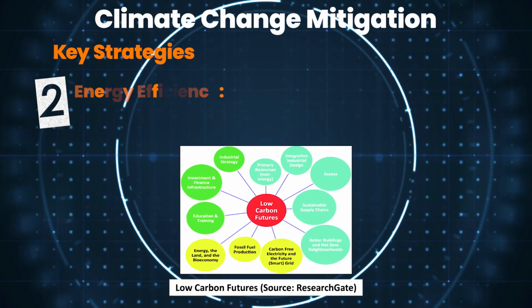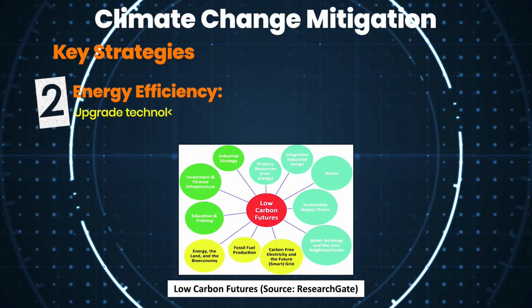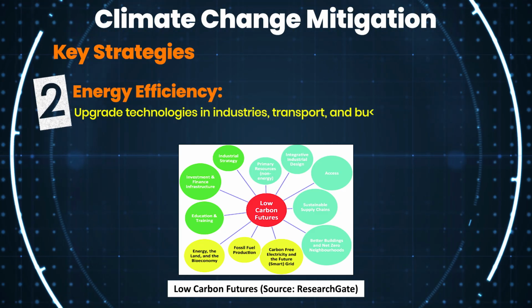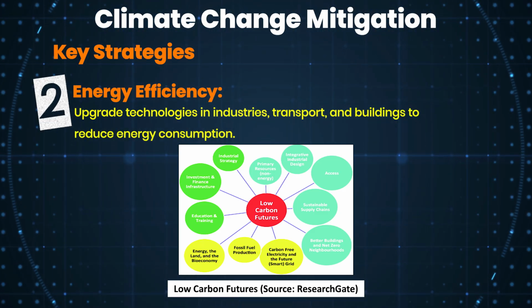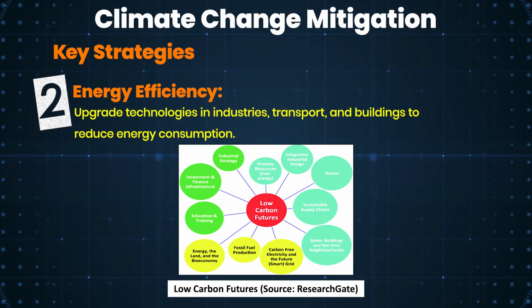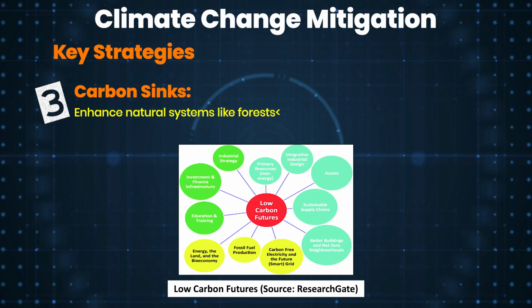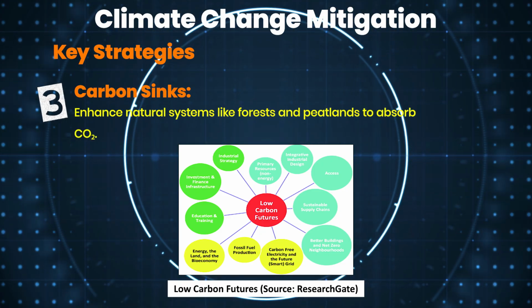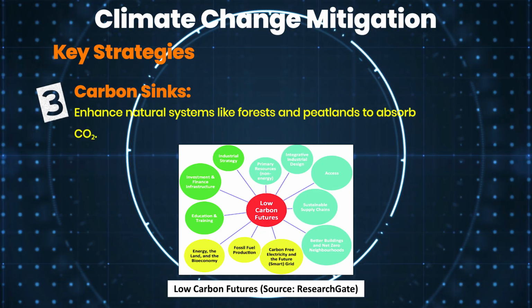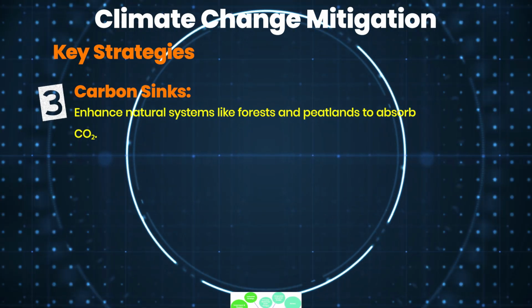Second is energy efficiency, upgrading technology in industries, transport and buildings to reduce energy consumption. And the third is enhancing carbon sinks, enhancing natural systems like forests and wetlands to absorb carbon already emitted by industries or otherwise.